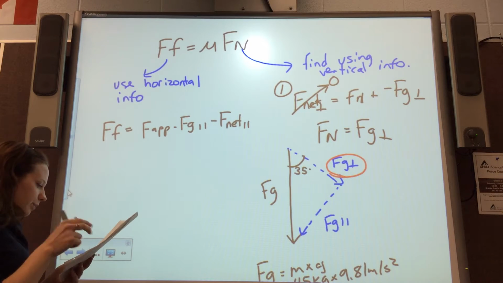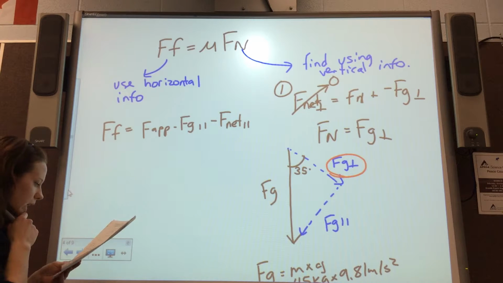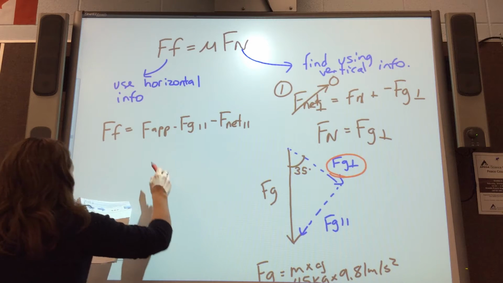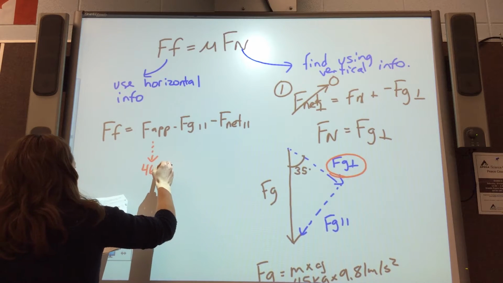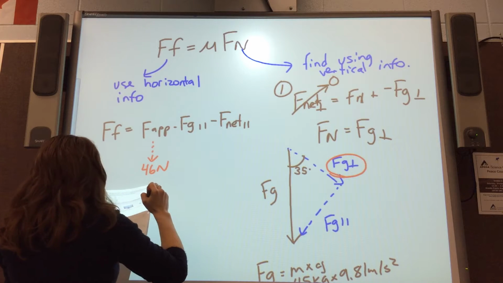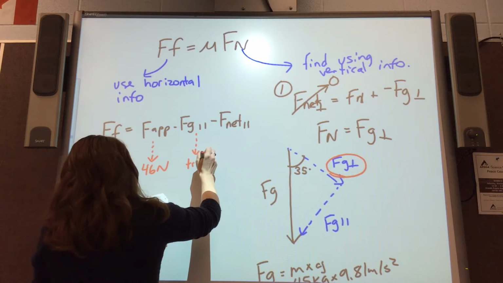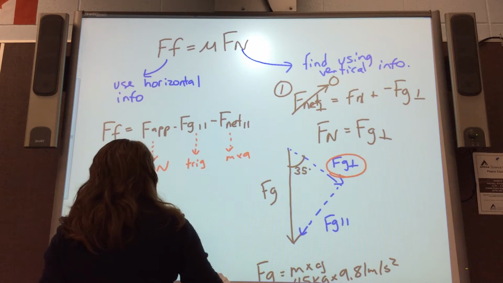Okay. So now I can figure out these things. So I said my Fapp, I already know is 46 newtons. My Fg parallel, I'm going to use trig. And my Fnet is m times a.